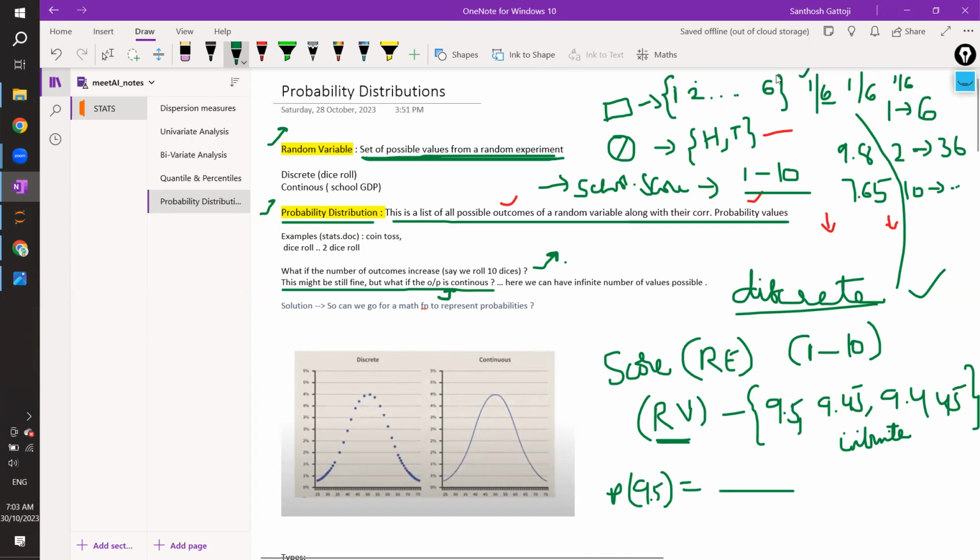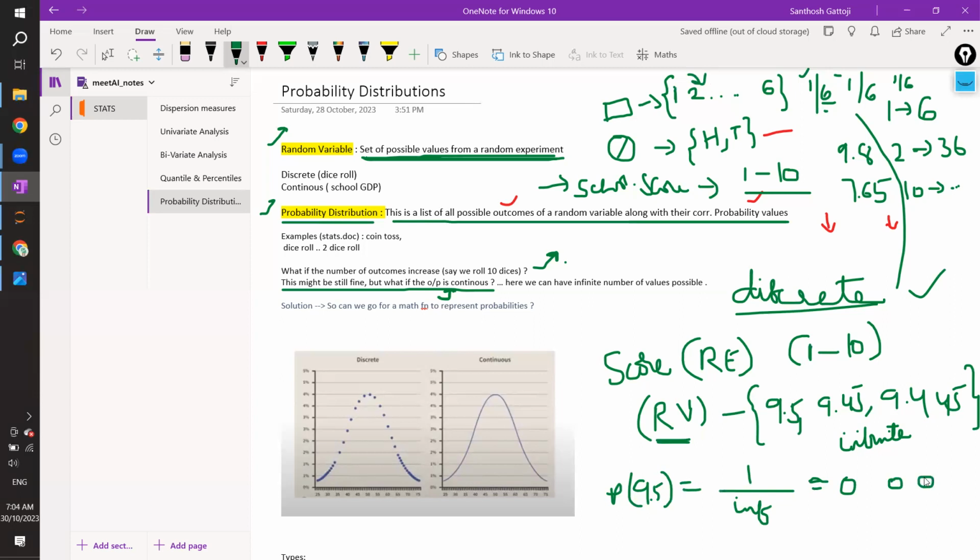Only once, total possible outcomes are 6. For 2, once, total possible outcomes are 6. Now how many times is 9.5 repeating? Once, by total possible outcomes, how many? Infinity. So something by infinity will be very close to 0. So any value you take, the probability will be close to 0.